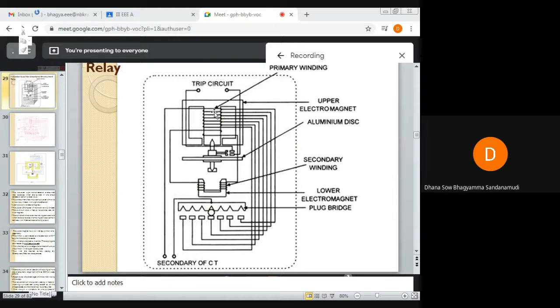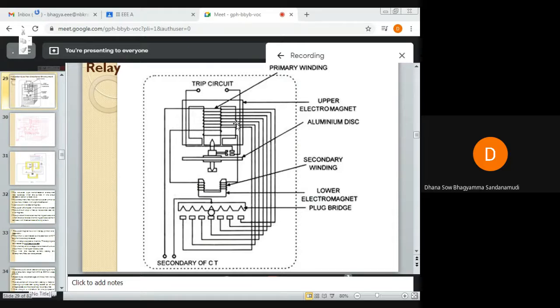This primary winding is provided with tapping, tapped at intervals, and each tapping is given to the plug setting multiplier.